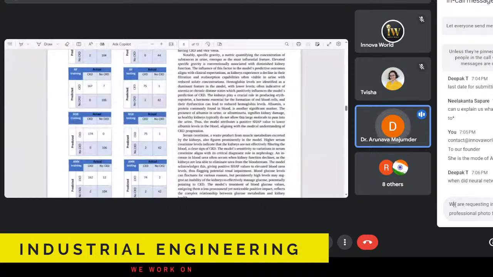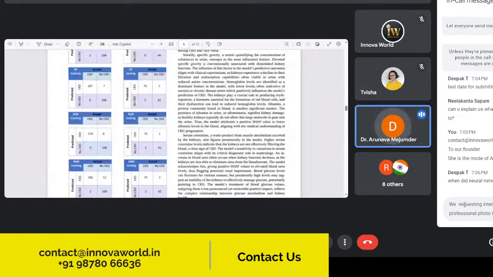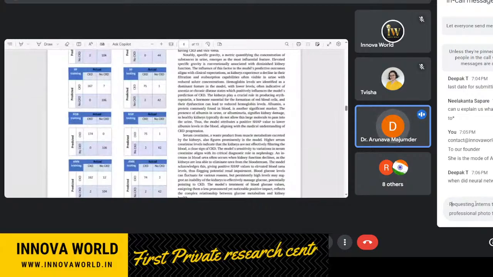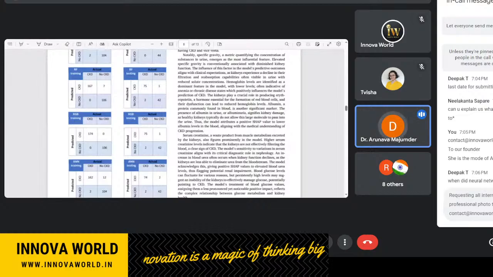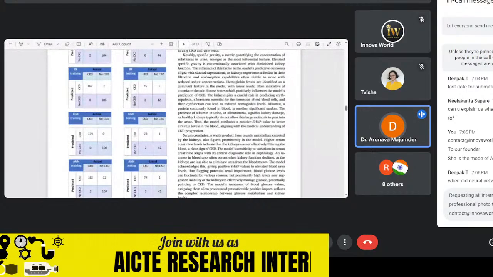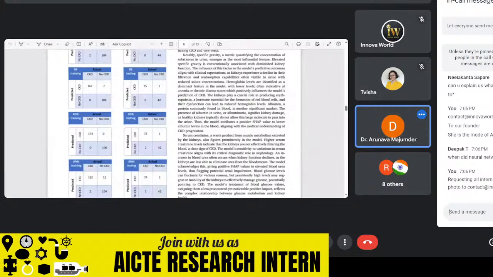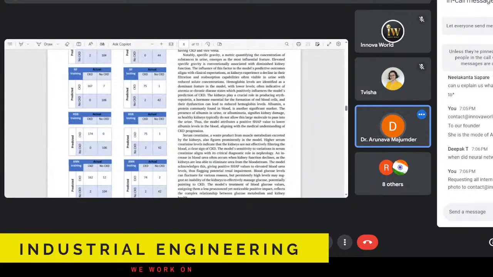For all cases of neural network, ANN, whatever papers and techniques I already shared with you: XGBoost, neural network, support vector machine, random forest, decision tree, and logistic regression. So you can use all the models.